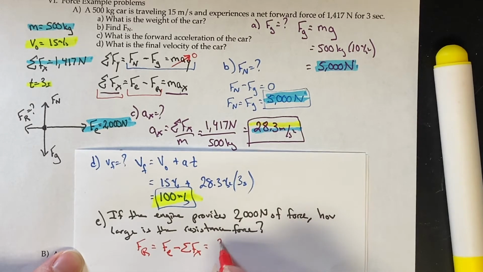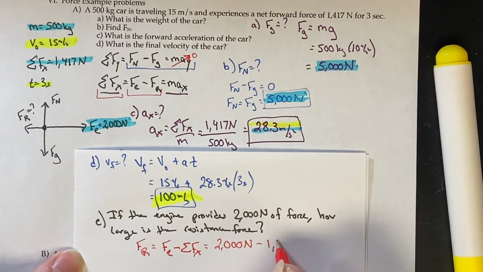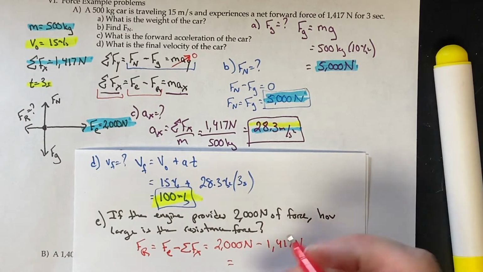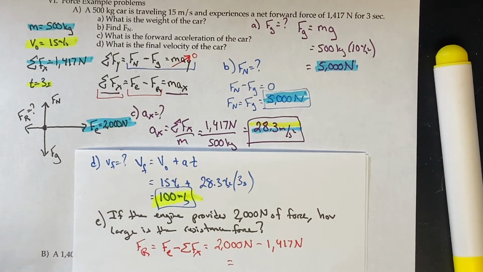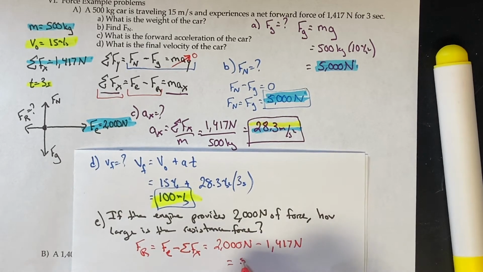Substituting my values in, 2,000 newtons minus the 1,417 newtons. And I am getting 583 newtons.